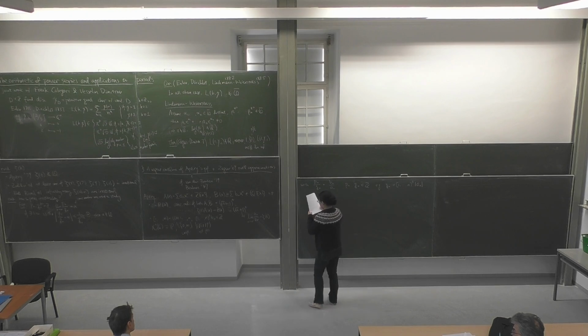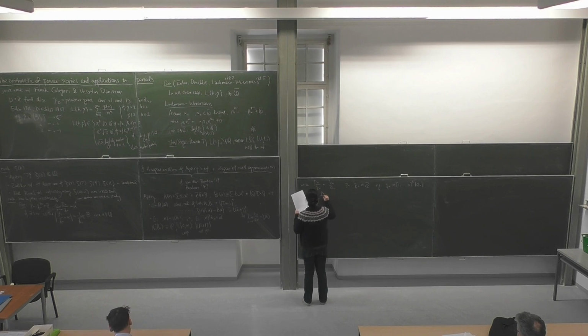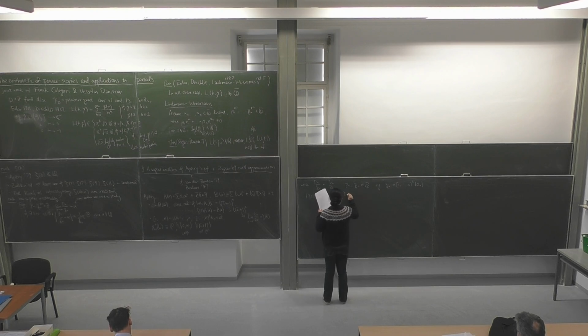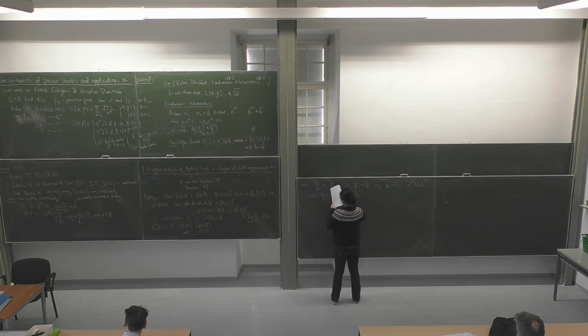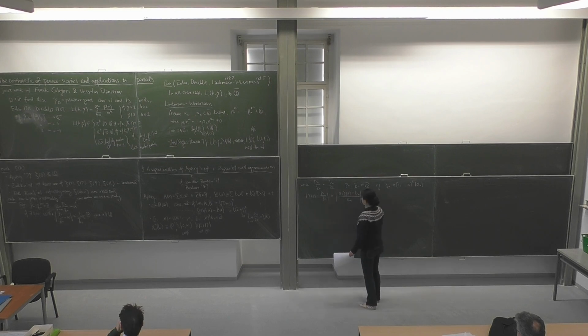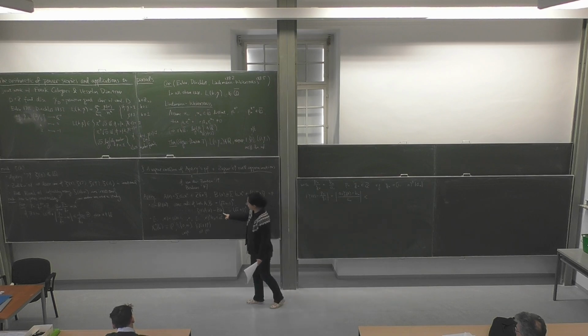Okay, so now let's compute zeta 3 minus Pn over Qn. This equals An zeta 3 minus Bn over An. And this is smaller than, so we're going to use this number that shows up as the coefficient of this one.